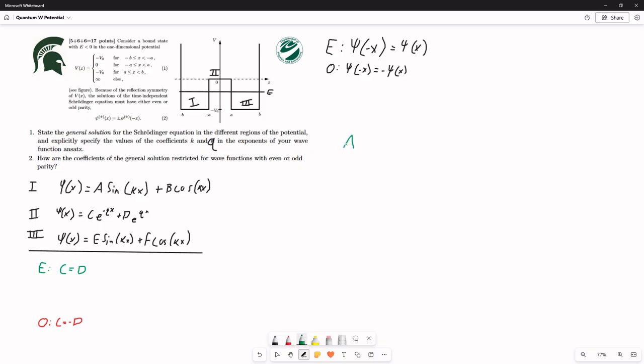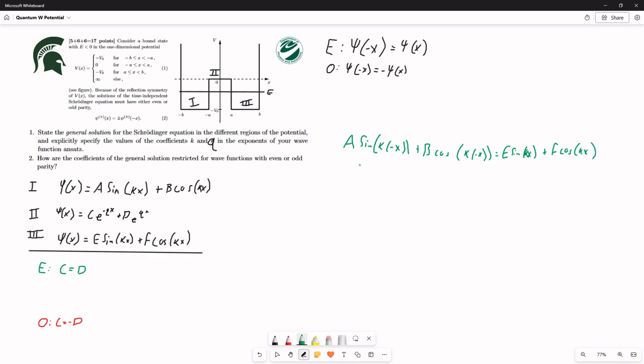We're going to do a sine of k negative x plus b cosine of k negative x equals e sine of kx plus f cosine of kx.